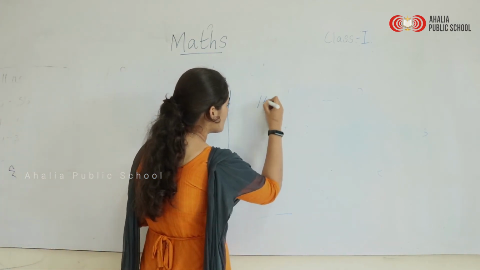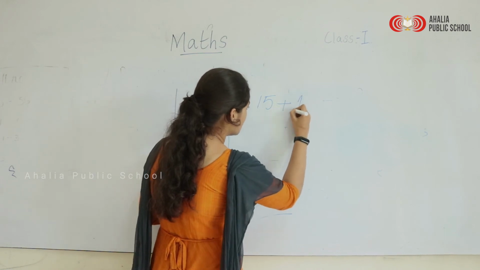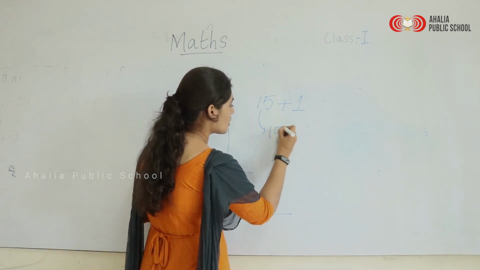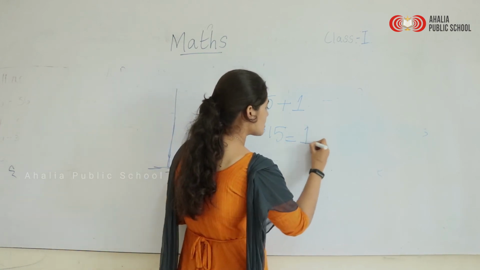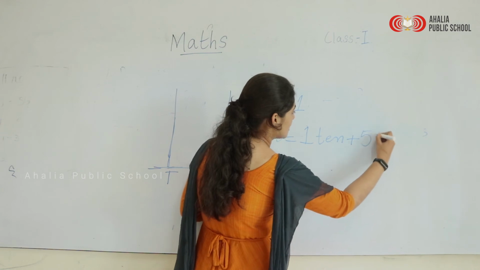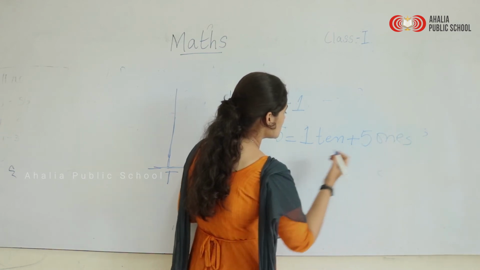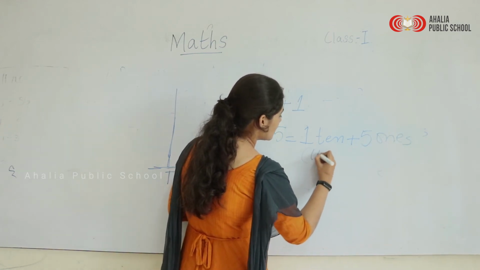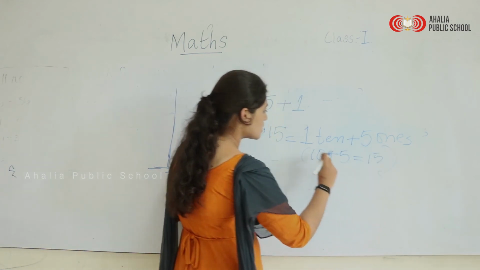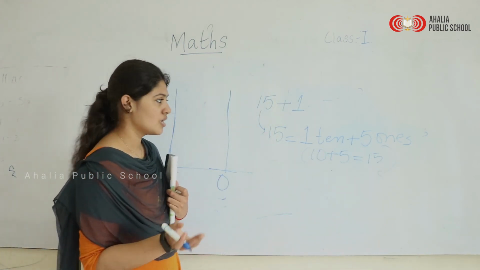First write the number 15 plus 1. 15 means what? First take the number 15. 15 means what, children? 15 means 1 ten plus 5 ones. Right? Which means that 10 plus 5 is equal to 15. That is what this 1 ten and 5 ones means.